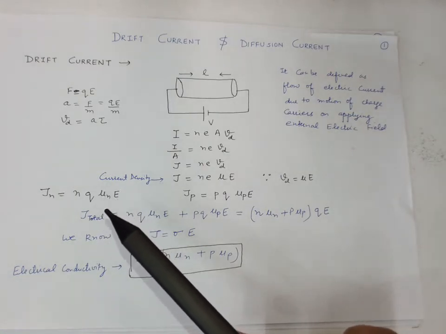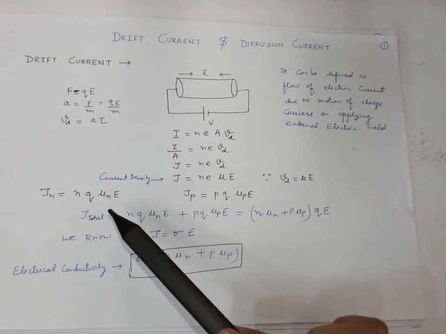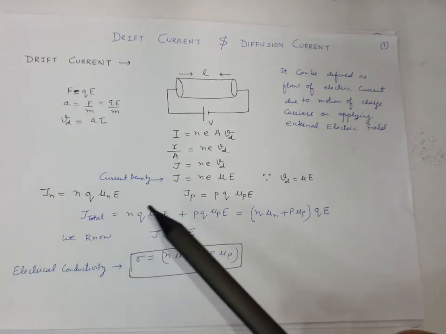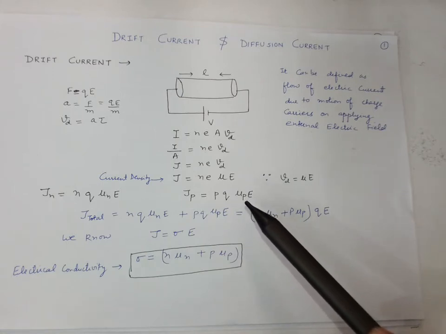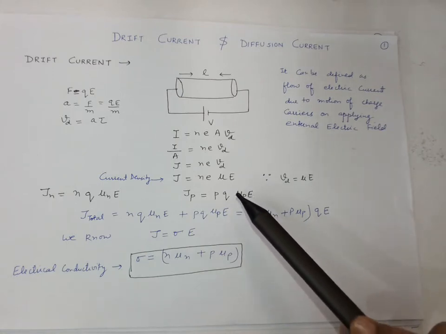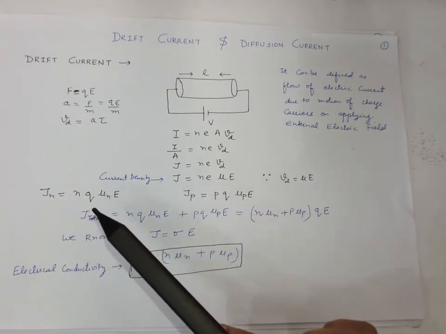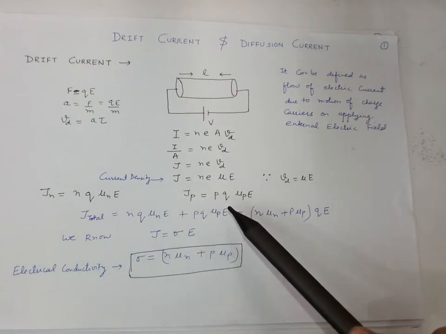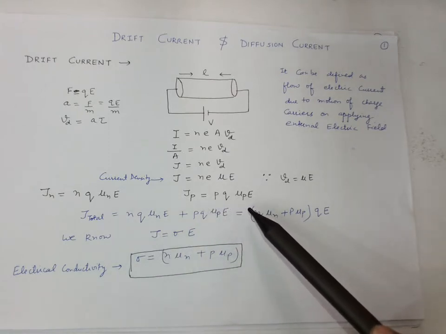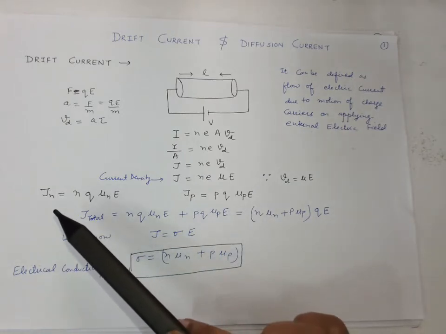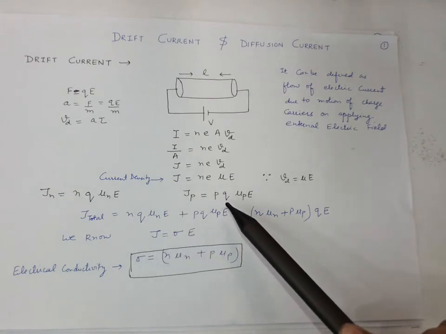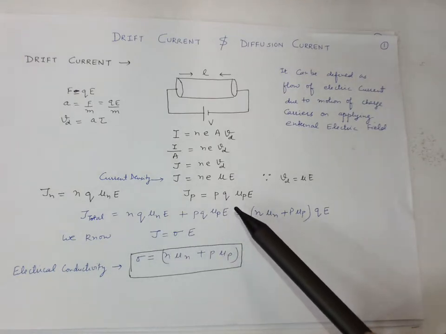I have put a suffix n to represent that this is the mobility due to electrons, and mu p represents the mobility due to holes. So Jn becomes nq mu n into E, and Jp becomes pq mu p into E. So here we have the relations for the current density for electrons as well as for holes.